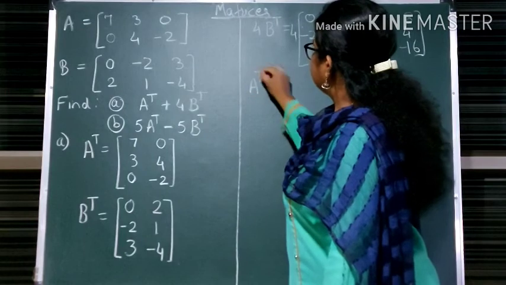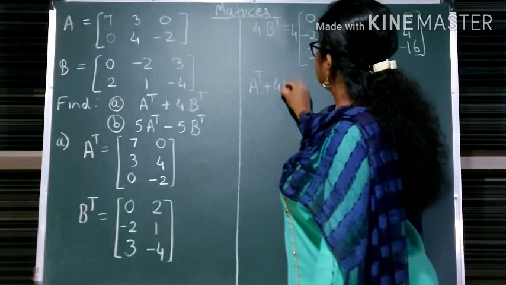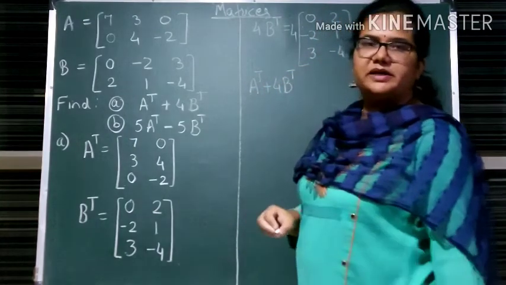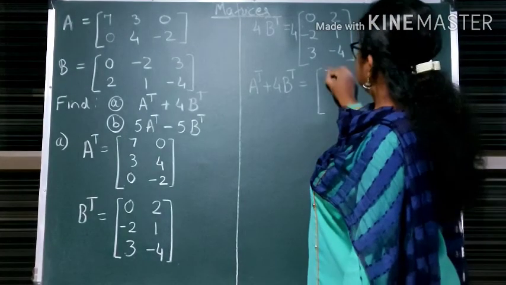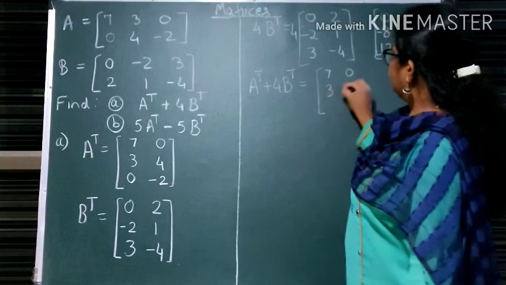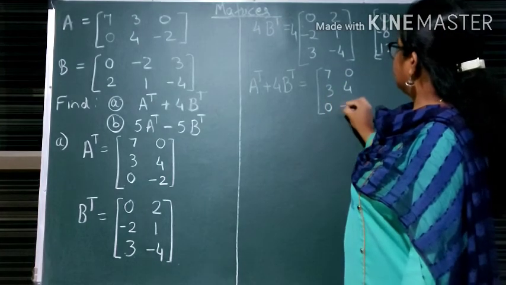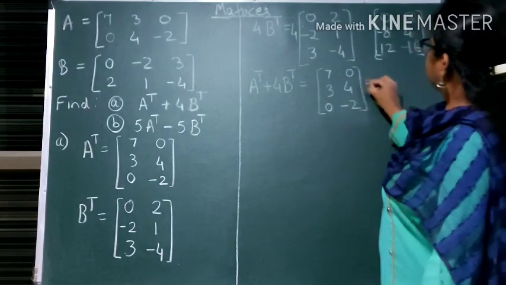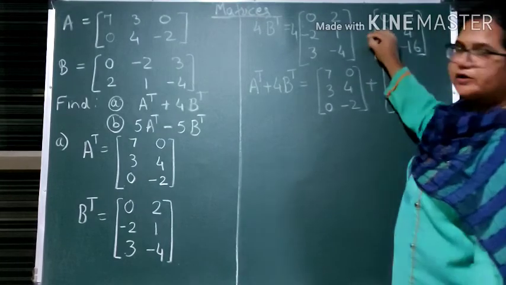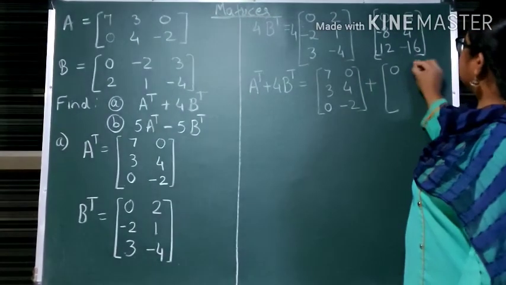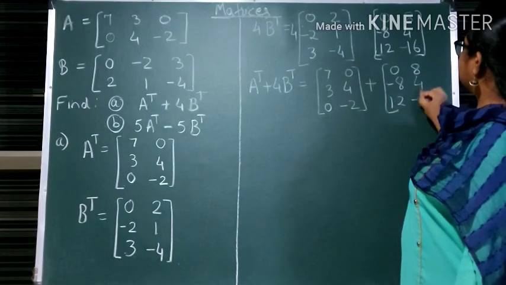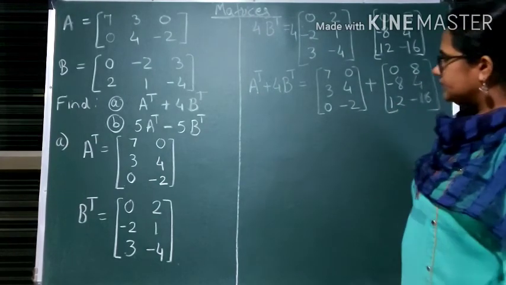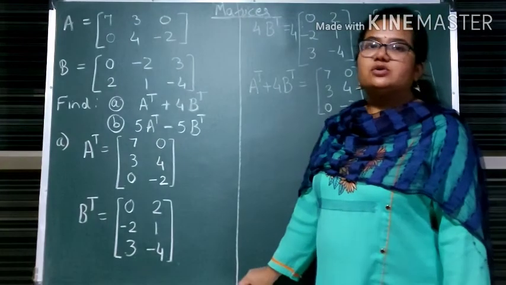Then the first value is A transpose plus 4 into B transpose. So what is it equal to? A transpose is 7, 0, 3, 4, 0, minus 2 plus this 4 into B transpose, that is 0, 8, minus 8, 4, 12, minus 16. Now add these two values.